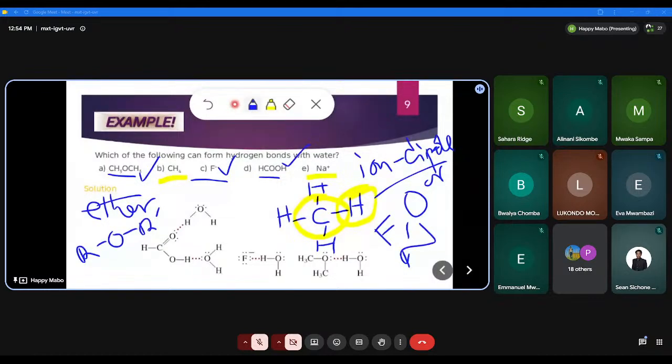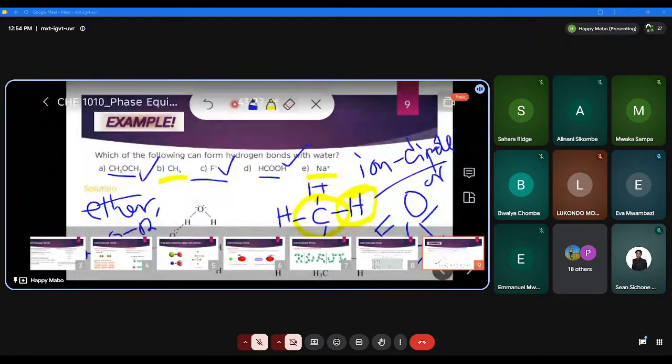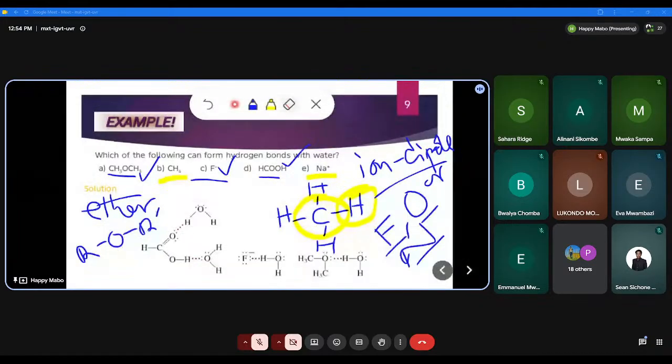If that happens, then you are going to have formation of hydrogen bonds with water molecules. So that is the explanation you're going to give: ions do not form hydrogen bonds. The only interactions you're going to have are the ion dipole forces, and with this one having a full charge on it, it is very possible that that is the only interaction that is going to be there.